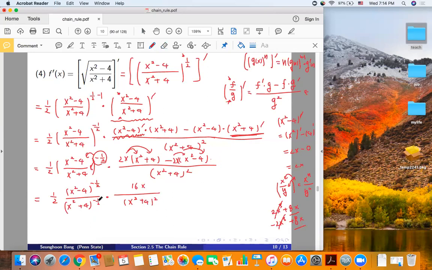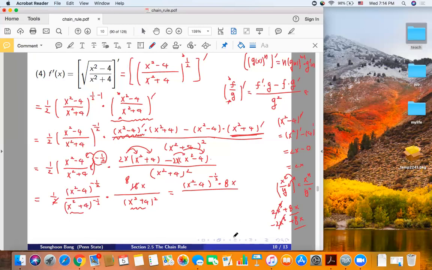The next, the 2 is a common factor, crossed out. So we have x squared minus 4 to the power minus 1/2 times 8x over. You can combine. We have the same base, x squared plus 4.